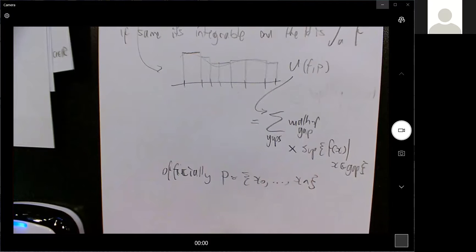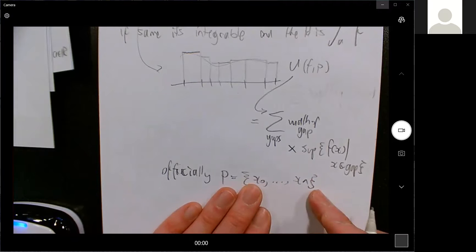And so if you have two partitions, you can create a partition that just has all of the edges from both of them, and then that causes a partition where all of the little intervals you've made are contained within the intervals of the other ones. So a refinement of a partition is a partition that contains all of the same endpoints as this one and possibly some extra ones.